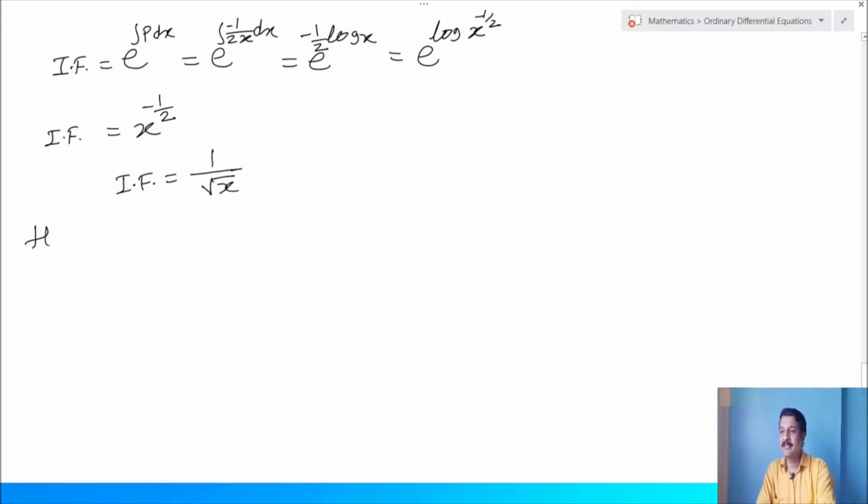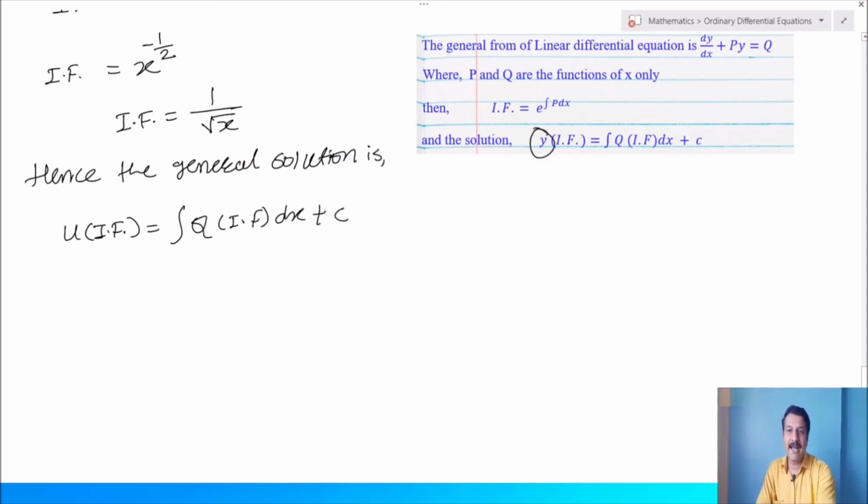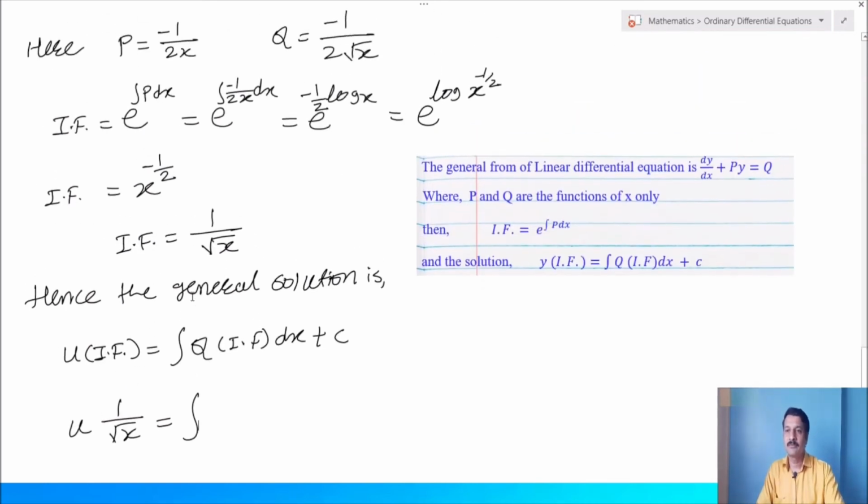So hence the general solution is, as it is linear in u, u into IF equal to the integration of q into IF dx plus c. In this, y I am going to change to u. So u, and what is the IF? 1 by root x, equal to, what is the q? q equals minus 1 by 2 root x, into IF, means 1 by root x, dx plus c.